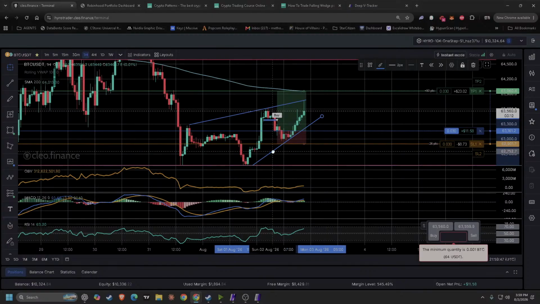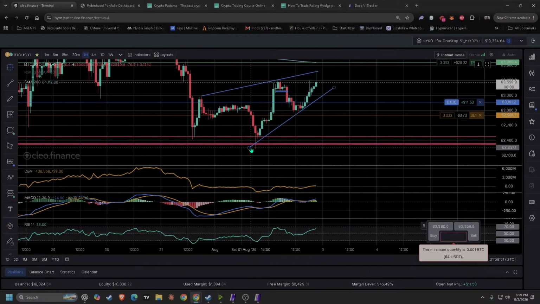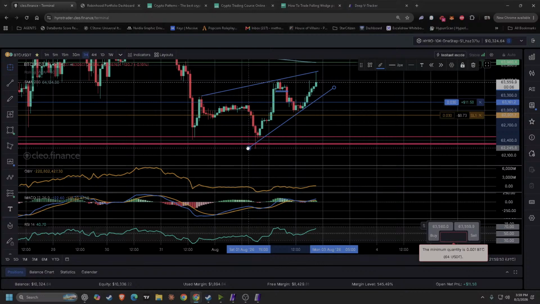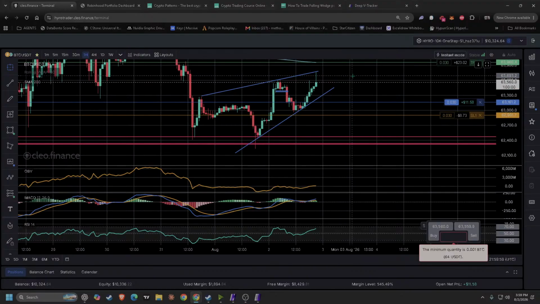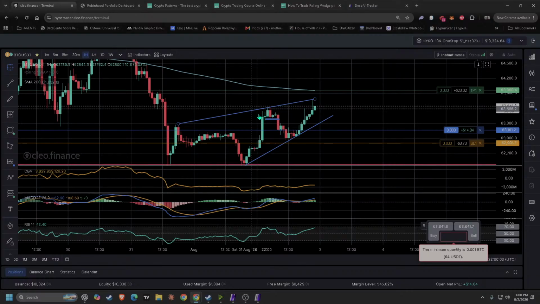Let's see if we can find it. So that's an ascending wedge, right? This is where you play the ascending wedge back down.